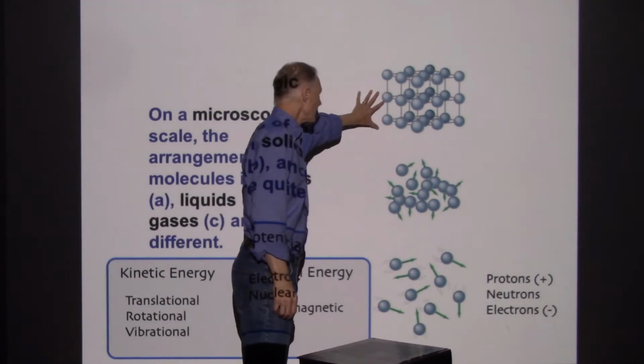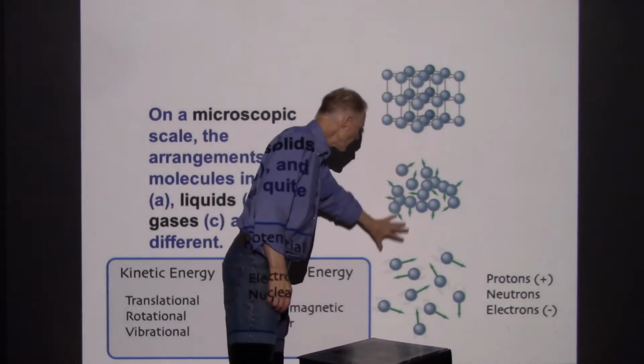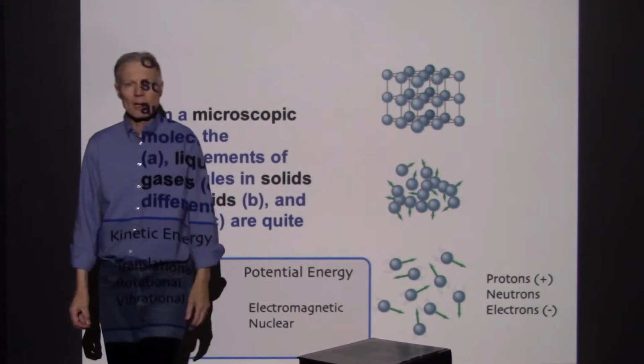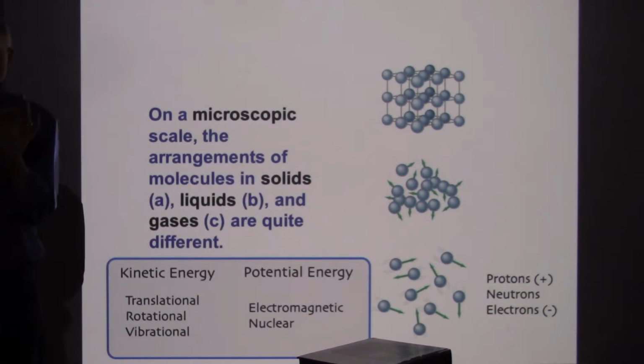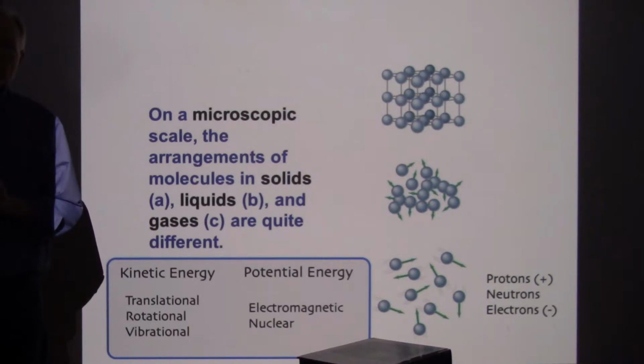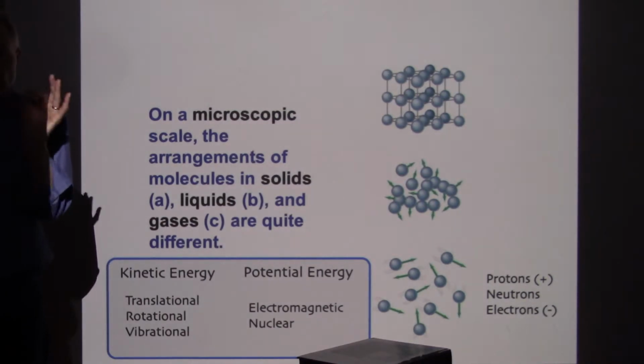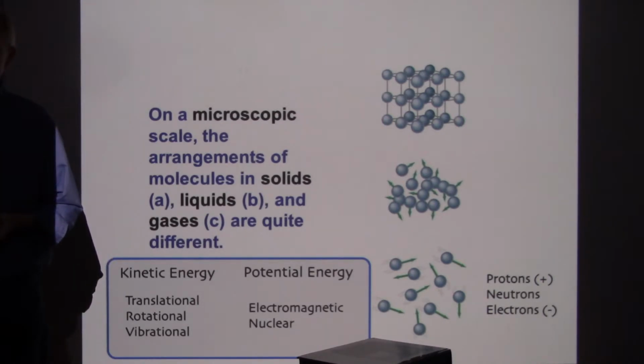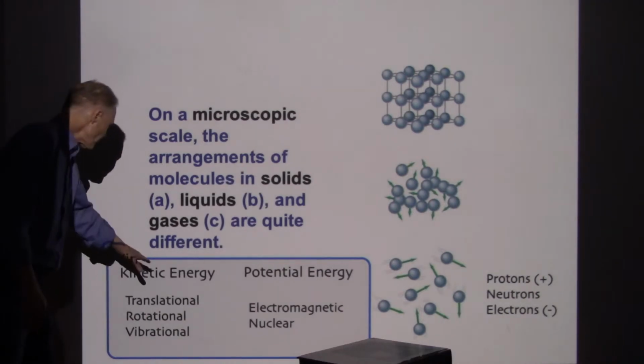So we definitely have vibration here. And also in the liquid and the vapor states, you can have the nuclei, within the individual molecules, vibrating back and forth. That's oscillatory motion, and that's kinetic energy. So we've got those types of kinetic energies.